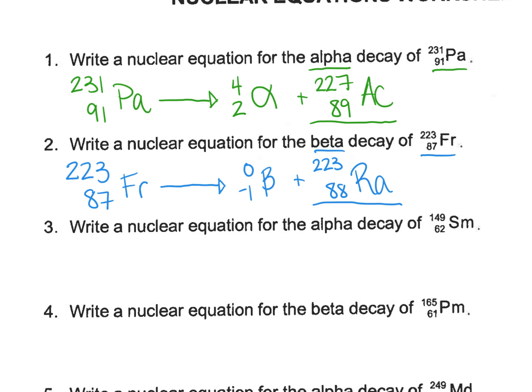Okay, let's look at number 3. We're going to write the nuclear equation for the alpha decay of samarium. So again, we're just rewriting this symbol exactly how you see it. All right, what's the next thing you write?